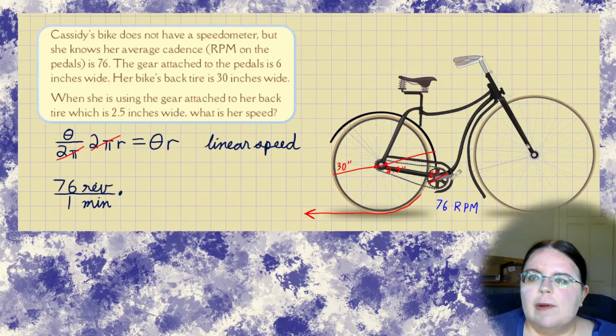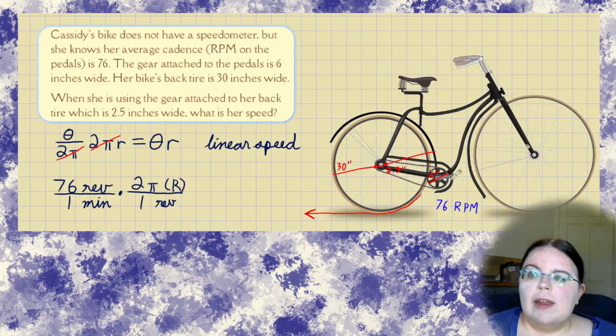So as part of my unit conversion process, I'm going to want to cancel the number of revolutions, and I know that each revolution is 2 pi in radians. And radians aren't really a unit, but when you're working with unit conversions, it's a good idea to keep track of them anyway. So now I see that we've got matching units of revolutions.